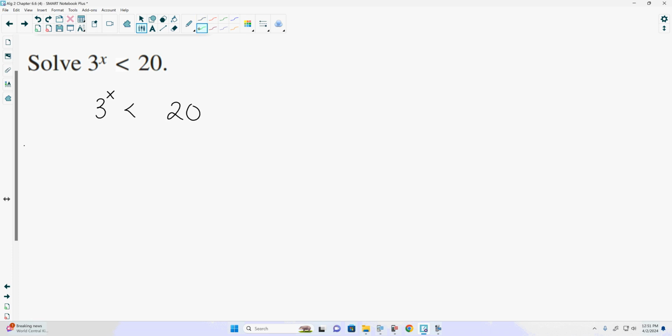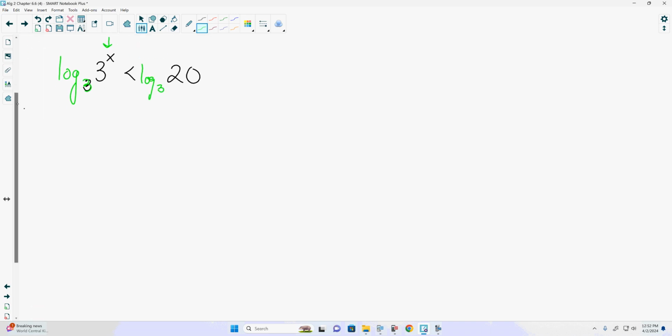So when we look at 3 to the x is less than 20, we need to get the x out of the exponent. We need to get that 3 to the x by itself. It is already by itself. So our main focus is getting the x out of the exponent. And to do that, we can apply log base 3 to both sides, just like we would with solving an equation.